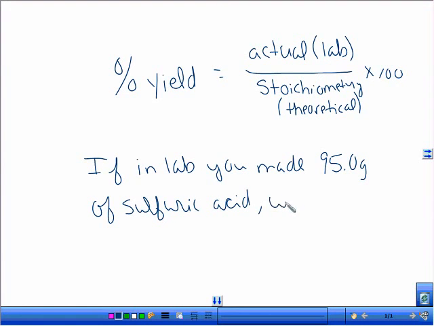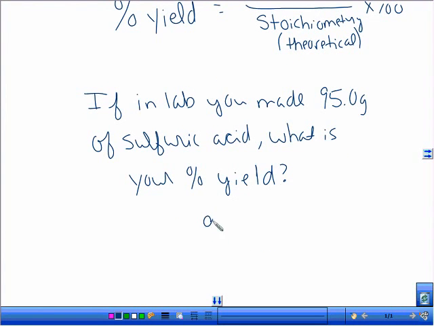And I would ask, what is your percent yield? You actually did a pretty good percent yield in this problem because, well, 95 grams is what you really made in class. It's given to you in that problem.